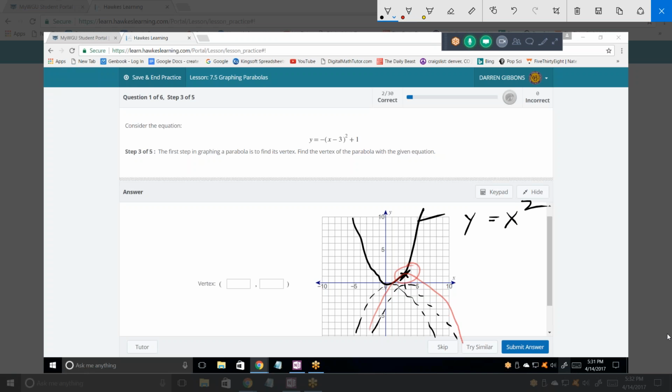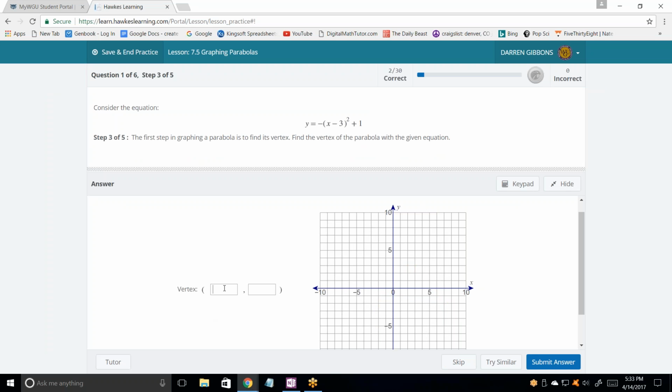Well, the new vertex has been shifted 3 units to the right and 1 unit up. Therefore, the new vertex is at 3, 1. And that's all you have to do. Let me go ahead and put that in. 3, 1.